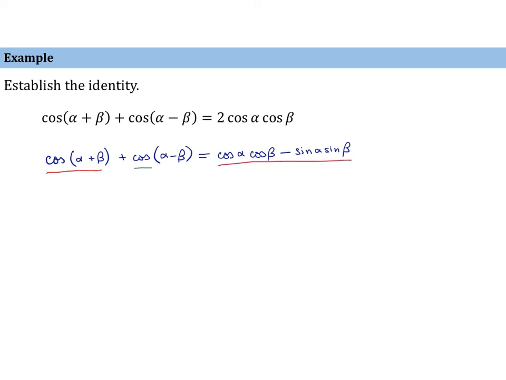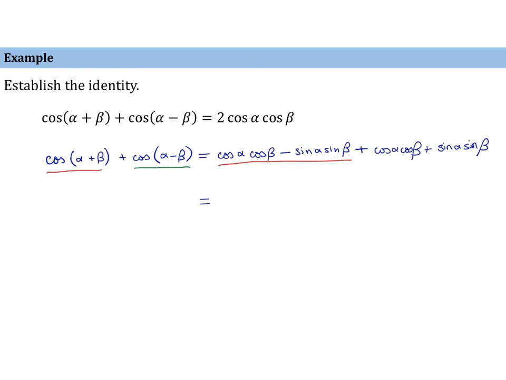Now let's rewrite cosine of alpha minus beta. So plus, that plus sign is this plus sign. And now cosine of alpha, cosine of beta, plus sine of alpha, sine of beta.